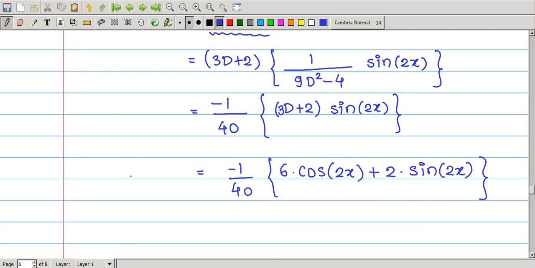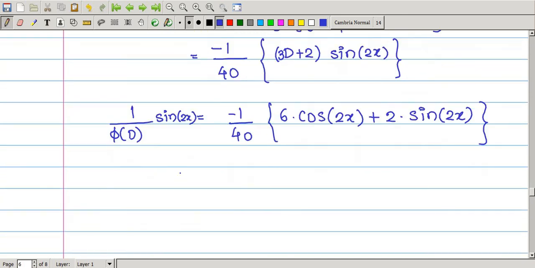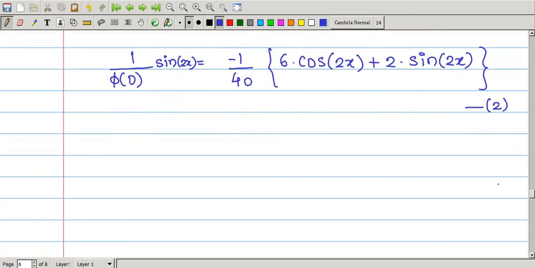So this is our required value for 1 upon phi of d into sine 2x. So we use this formula, equation number 2, with the particular integral. Therefore, particular integral for 1 upon phi of d into x.